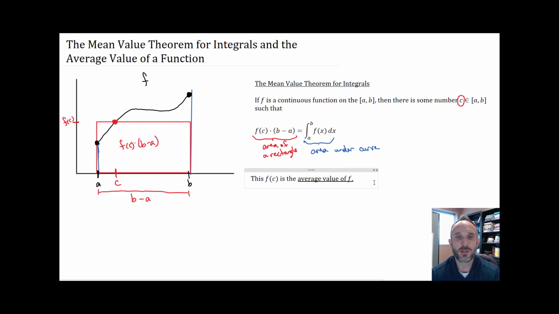Sometimes it's denoted as f subscript AVE, f average, okay? So if you ever want to find the average value of a function, then you have to figure out how high your rectangle is so that that rectangle has the same area as the area under the curve. All right? Now, rather than make a whole new video with an example, let's do that now. Let's practice with this right away to get our bearings, okay?